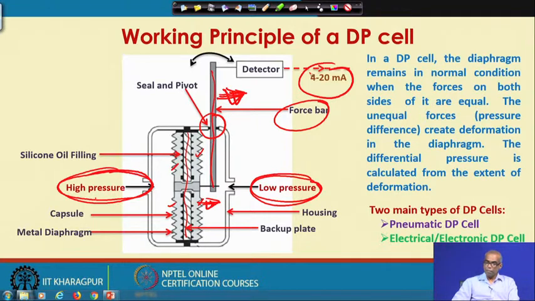So, we can have two main types of DP cells, pneumatic DP cell and electrical or electronic DP cell. So, the output of the pneumatic DP cell will be in the range of 3 to 15 psi pressure signal, and the output of the electrical or electronic DP cell will be in the range of 4 to 20 milliampere current signal.